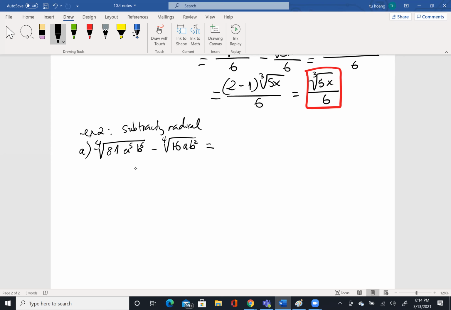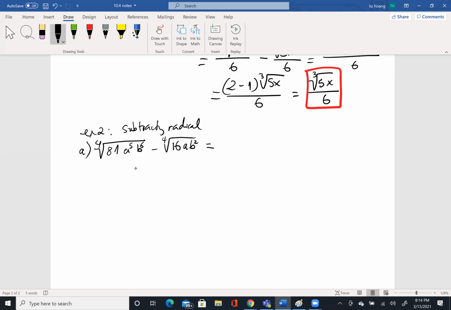So in order to do this subtracting radicals, I would love to simplify it first, right? So in order to simplify each term in here, you need to factor out the perfect power for each term.